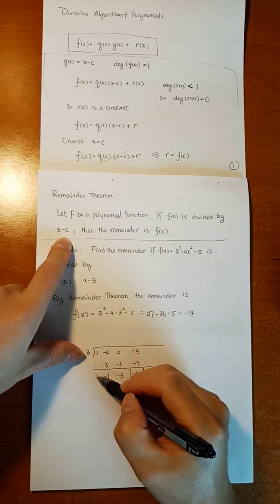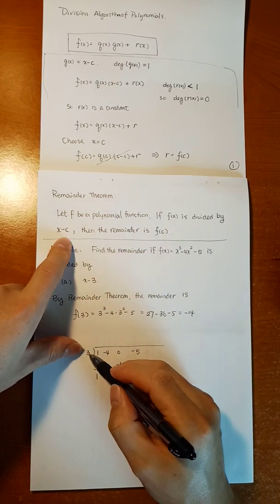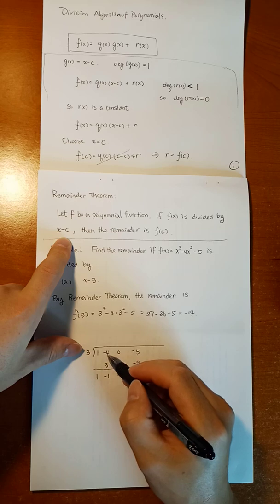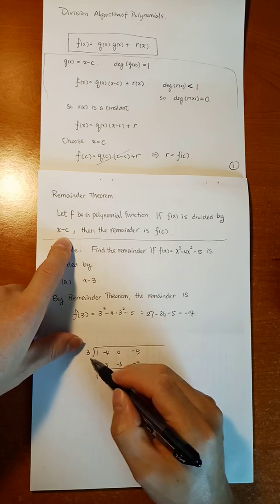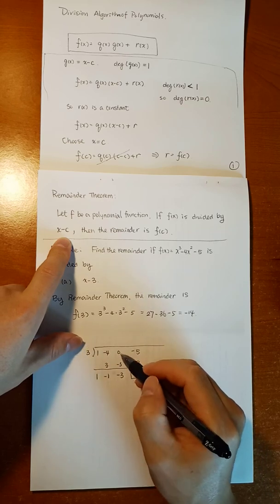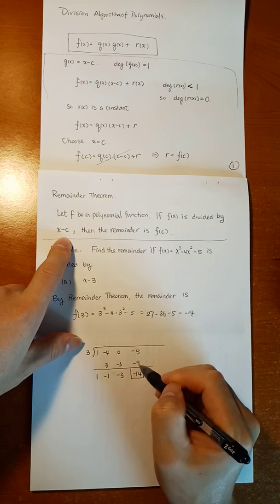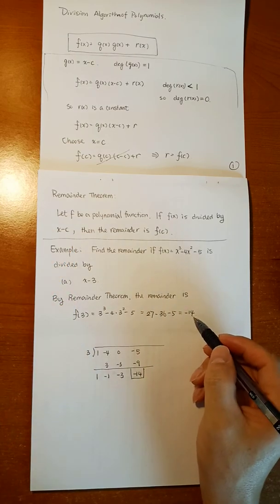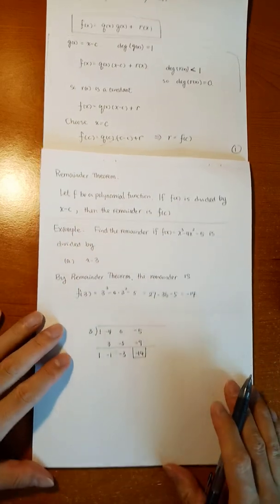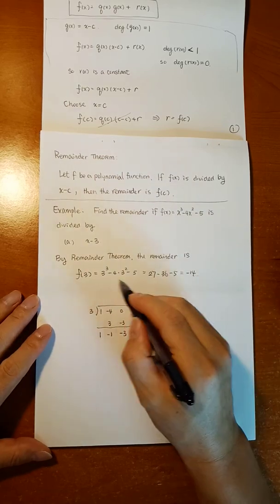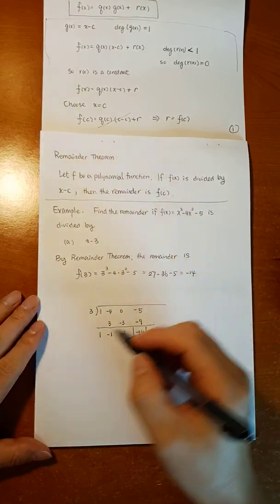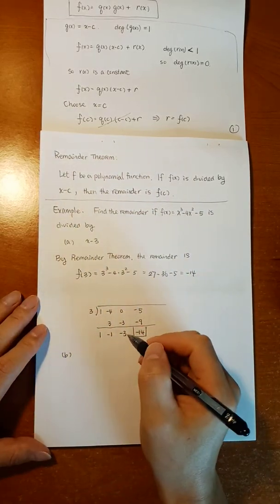Then you drop the first term down and multiply by 3 to get 3. You add negative 4 with 3, you get negative 1. Negative 1 times 3, negative 3. You add 0 and negative 3, you get negative 3. Negative 3 times 3, negative 9. Negative 5 plus negative 9, negative 14. The same thing. But this one, you just do the evaluation. Here you have to still recall what synthetic division is.